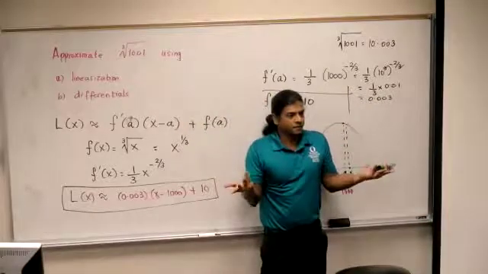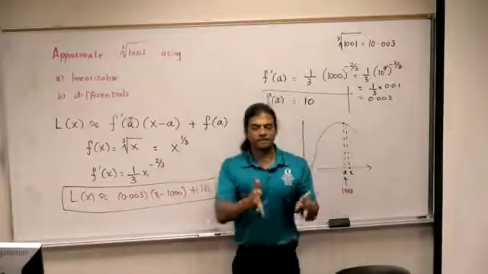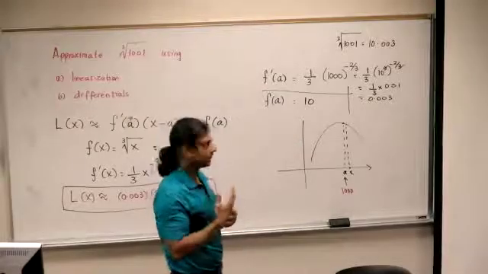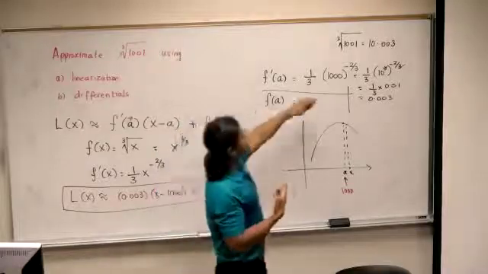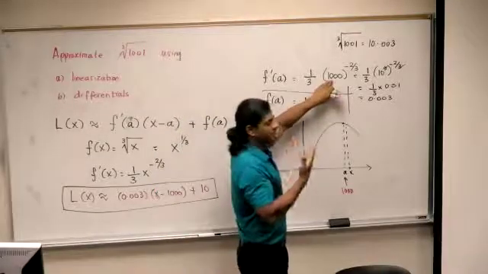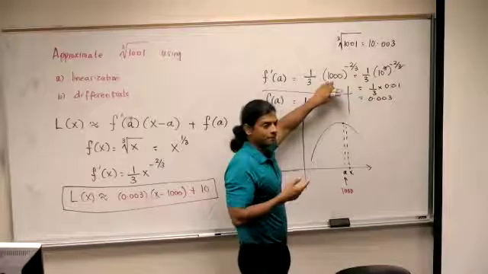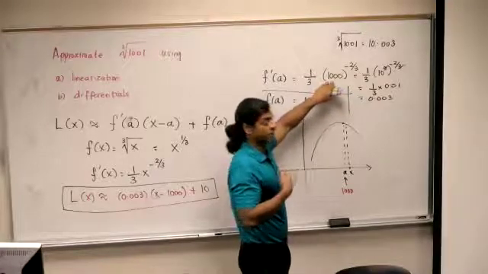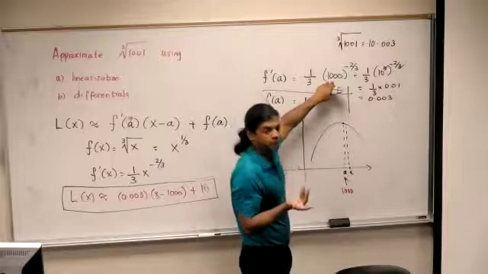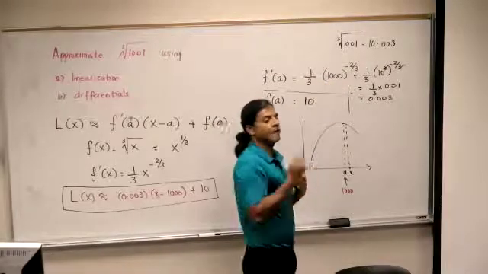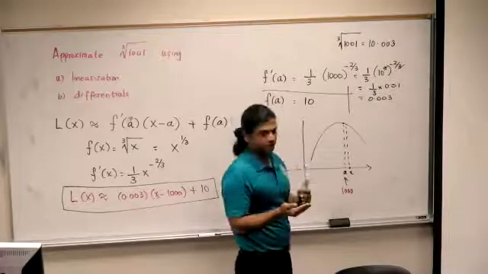Why should you approximate? The purpose is to approximate using something simpler. So if you choose 1,000, the third root of 1,000 is easy. It'll be 10. If it's a square root function, I would simply pick the square root of 100, which is 10. So we're going for easier functions.